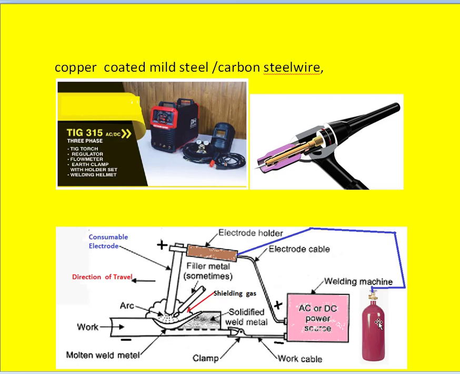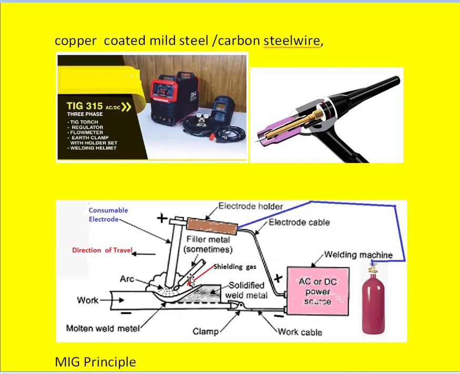The purpose of this inert gas is to keep the melted material away from oxidation, moisture and contamination. Here, in addition to the consumable electrode, sometimes we use a filler material to weld the base metal. And this is the arc formed between the electrode and the base metal, and this is the shielding gas, also called inert gas.